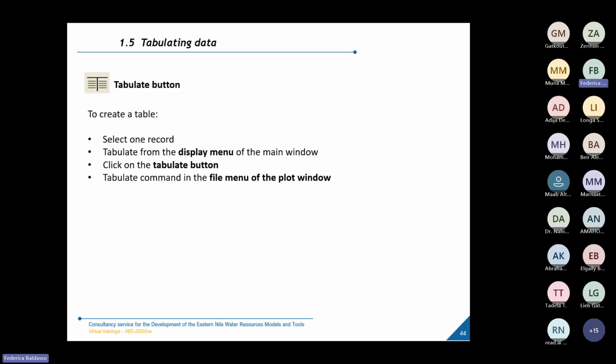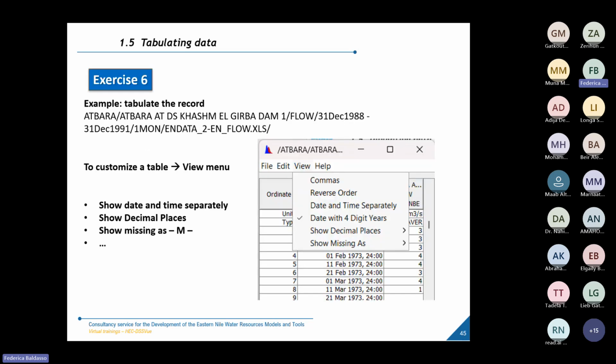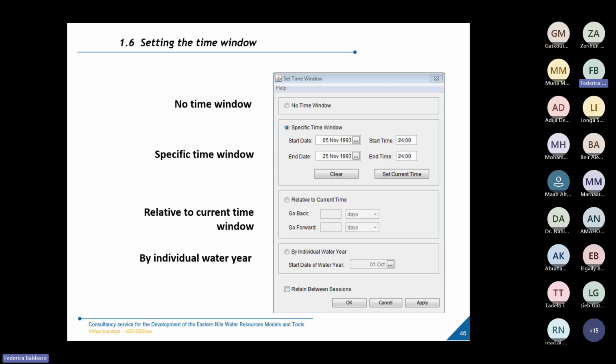Then we have seen how to work with the tabulate button. After selecting the data, we can see our table with the actual data and the possibility to choose different options to select how to show the commas or the date with 4-digit years instead of 2, and how to show decimal places and so on.